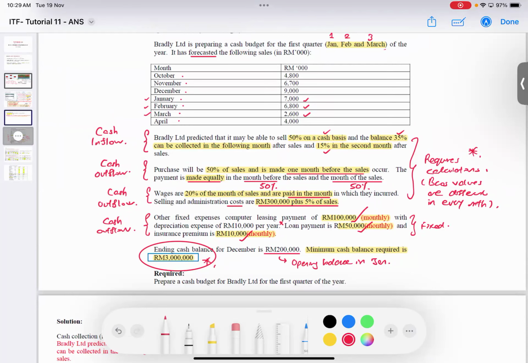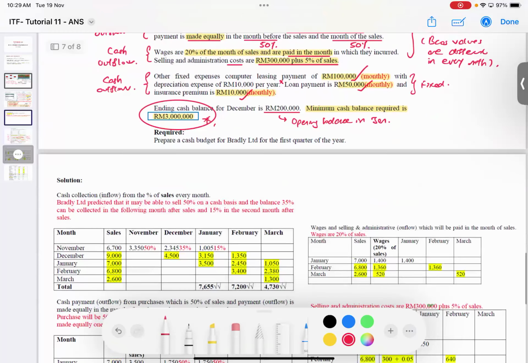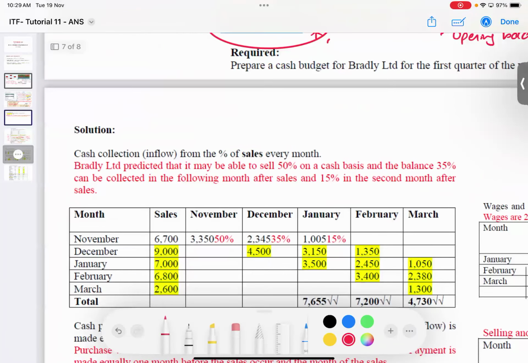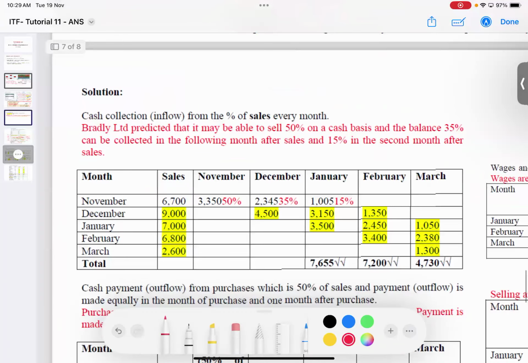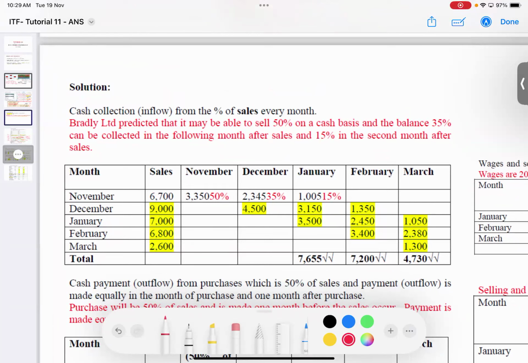Okay, so we calculate one by one. We calculate the cash inflow from the sales first. Because the cash flow that you receive in that month will include some cash from the previous months, we will need to look into November and December as well.